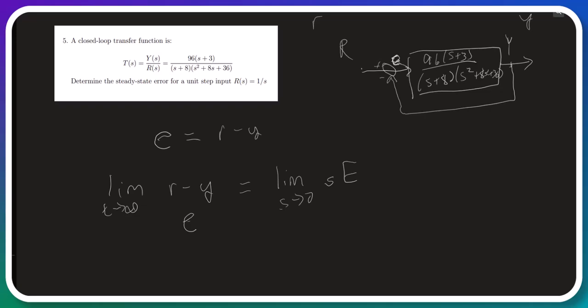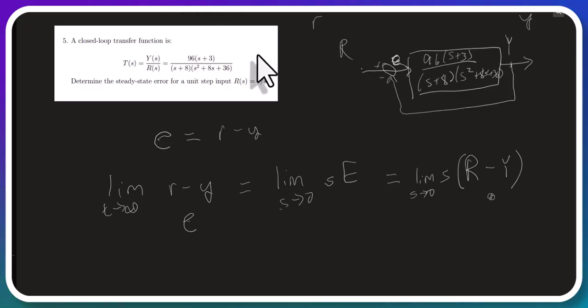So the final value theorem tells us that. And so the Laplace transform of r minus y would be the limit as s goes to 0 of s times the Laplace transform of r minus the Laplace transform of y.